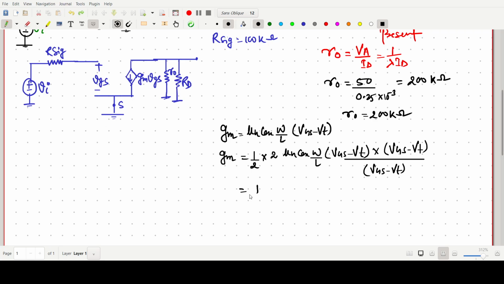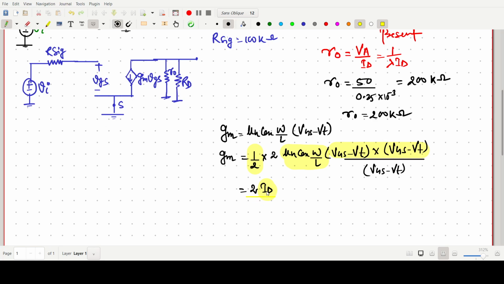Or we can write twice ID, because this half, and this VGS minus VT whole square is nothing but simply ID. Okay, and 2 is multiplication, so 2 will be there. Is it okay? And then this VGS minus VT.